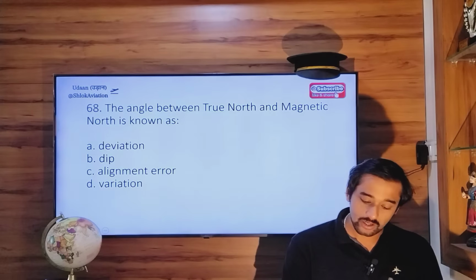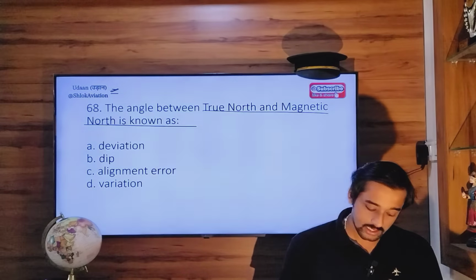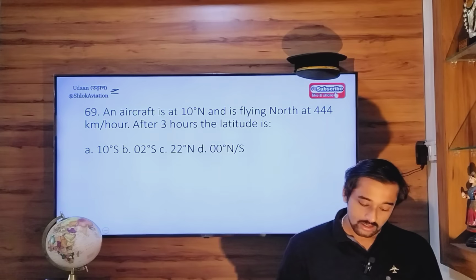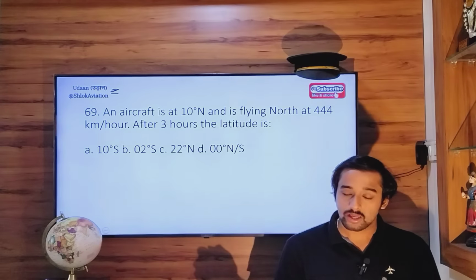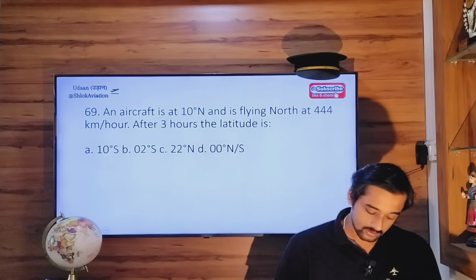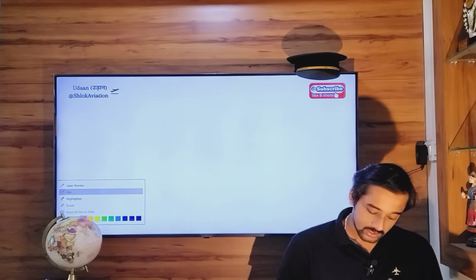68. The angle between true north and magnetic north is variation. Aircraft is at 10° north and is flying north at 444 kilometers per hour. So let's draw this meridian.